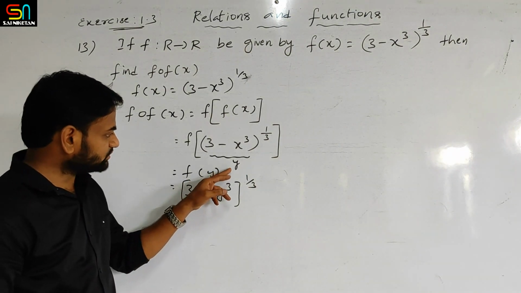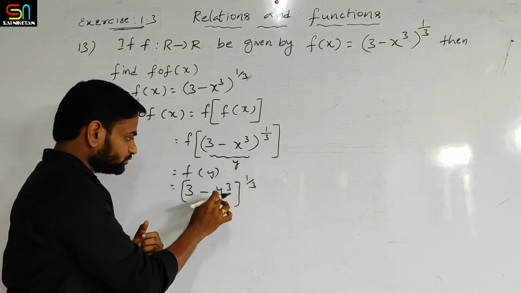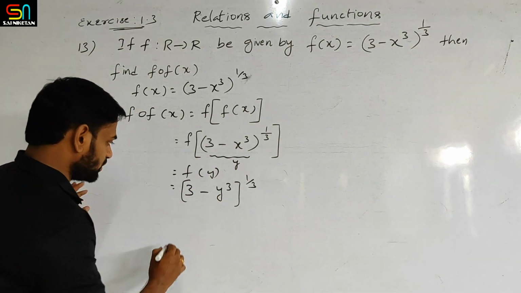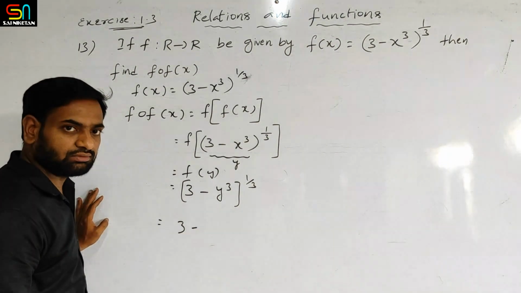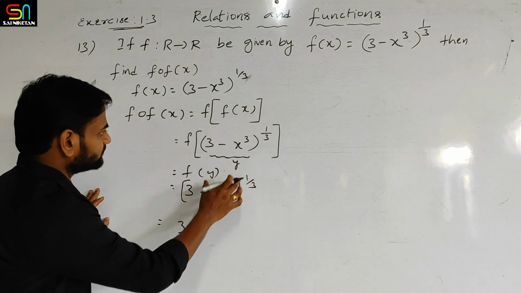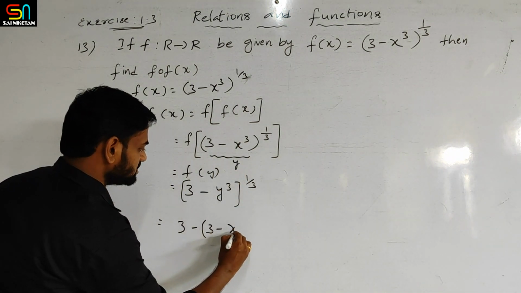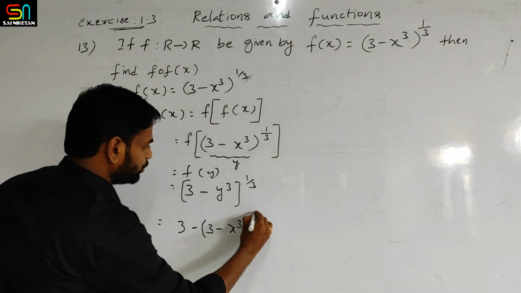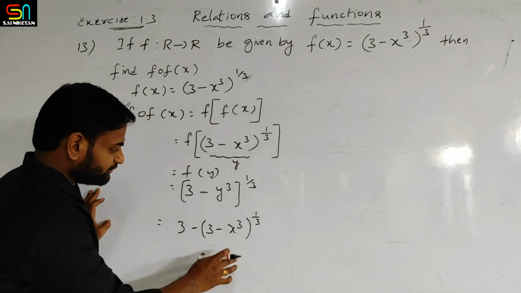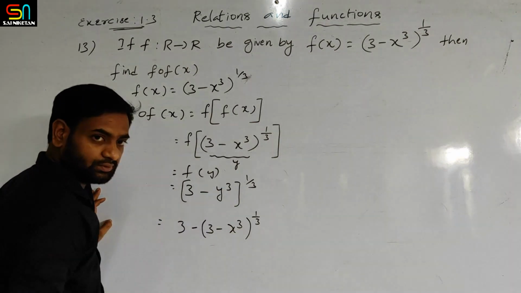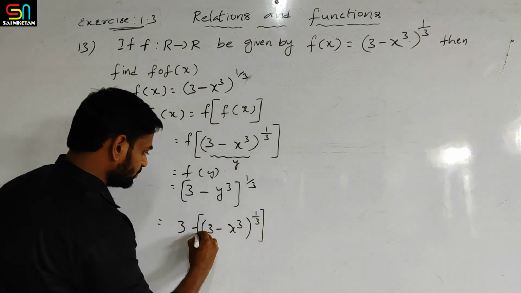Now what is the y value? This is the y value. This y value you have to write in place of y. So I am adding here: 3 first, minus, and the entire y here, (3 minus x cube) whole power 1 by 3. For this y there is y cube, so that is why it is whole cube.